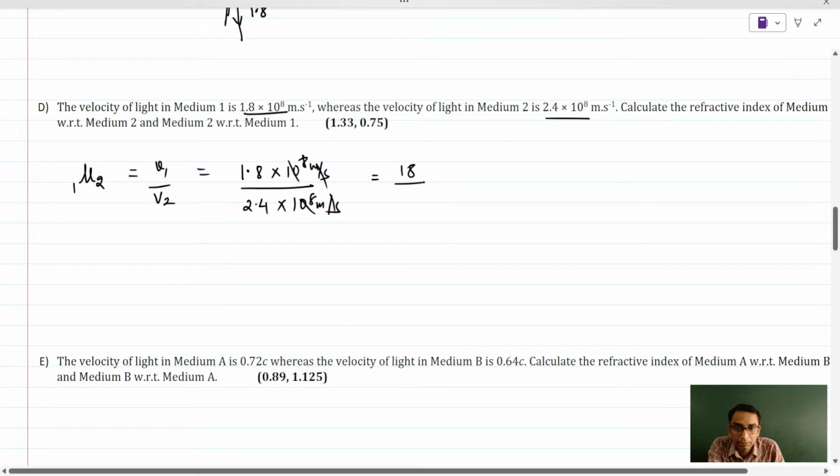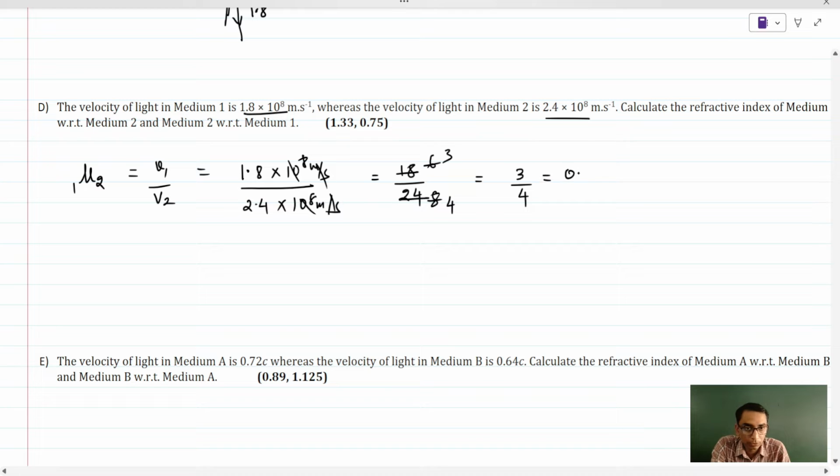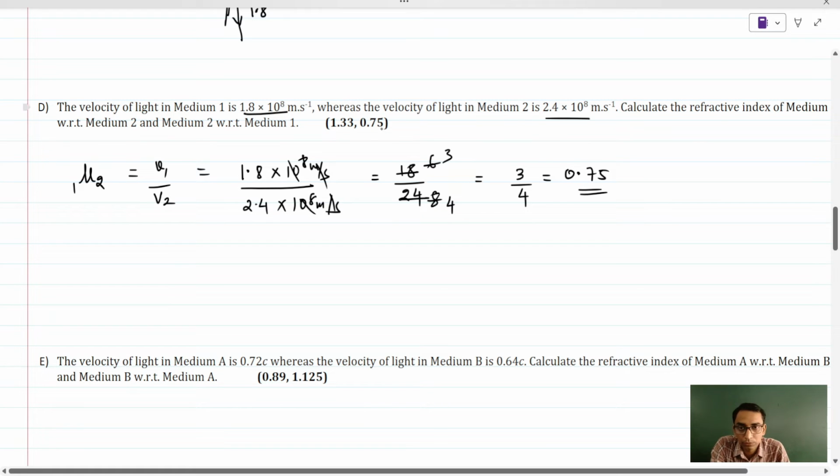This is simply 18 by 24; 3 6s are 18, 3 8s are 24, so the answer is 3 by 4. That is the answer, which is of course 0.75 if you want to reduce it further.